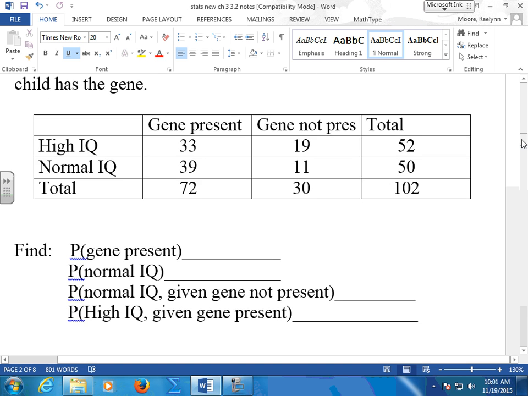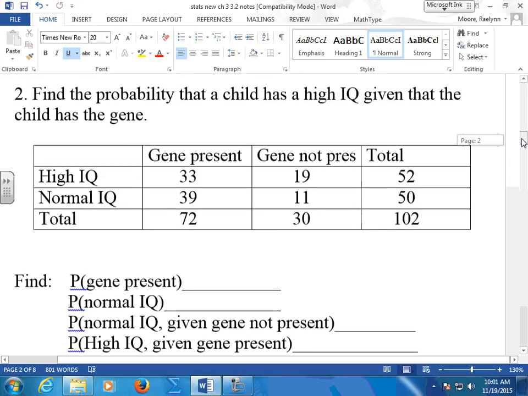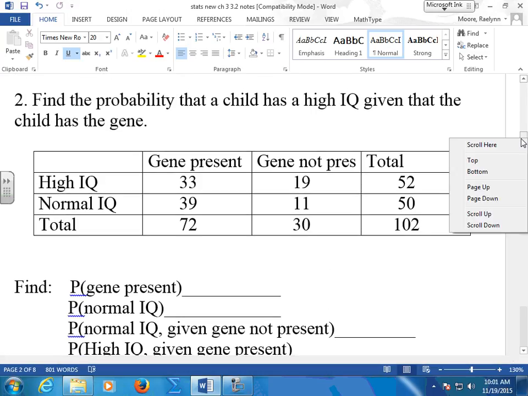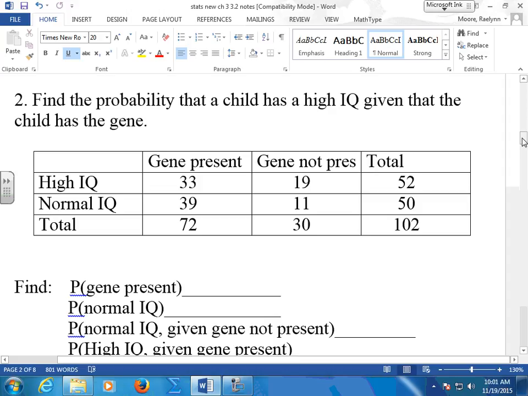We started with this, and then we went to this little table. And we said the biggest thing here is finding the given. Because the given is what says probability of B given A has occurred.